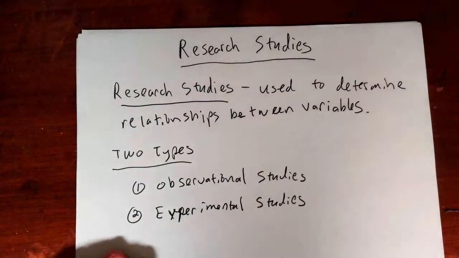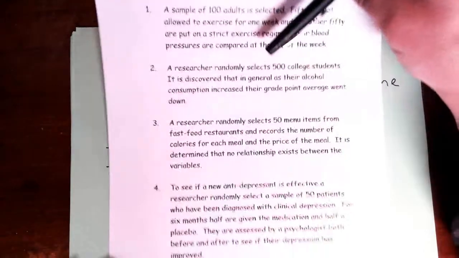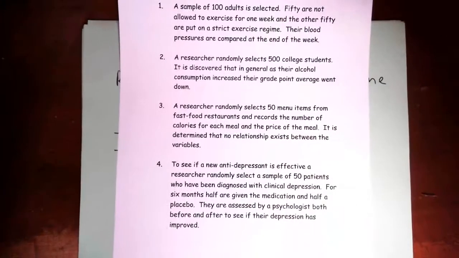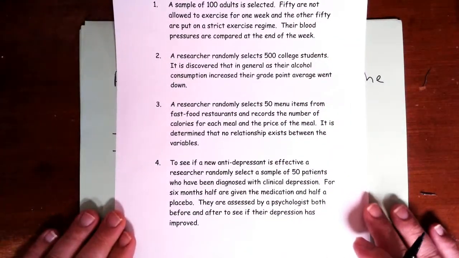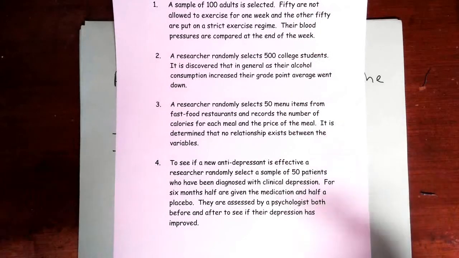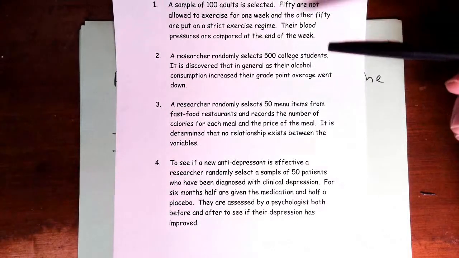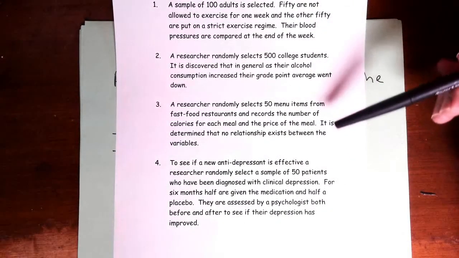So, let's do an activity now. And let's see if I can get all 4 of these in here. And so what I'm going to do, maybe if I can, there we go, is I'm going to have you pause the video. And then what you're going to do is you're going to determine for each of these whether it's an observational study or an experimental study.